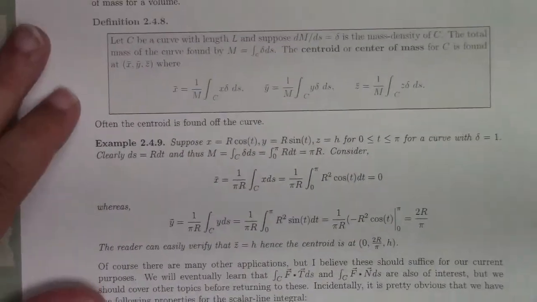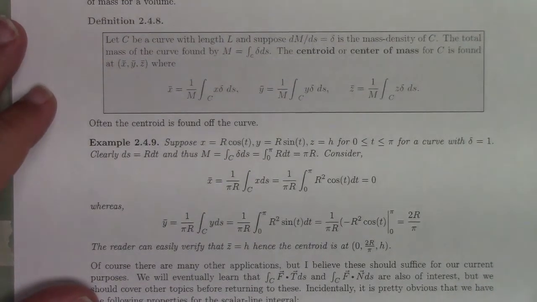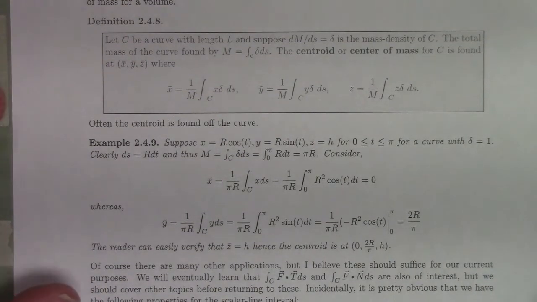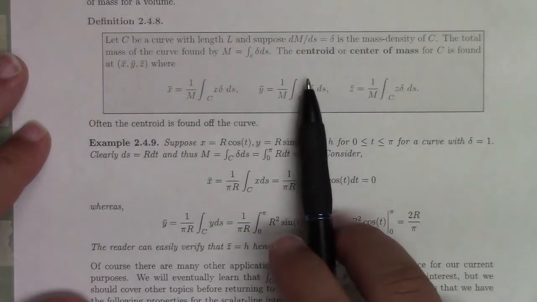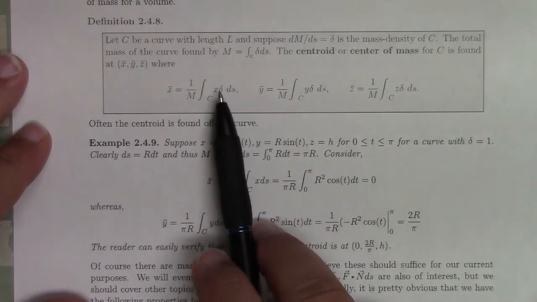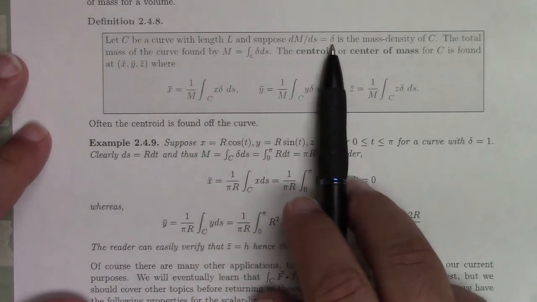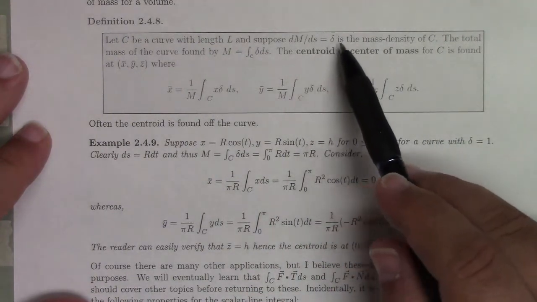Now, more generally, you may recall from calculus, we sometimes like to calculate the centroid of something, right? Like the middle of it. If you want to calculate the centroid of a curve, you just integrate x. Here delta is dm ds, the mass per unit arc length.